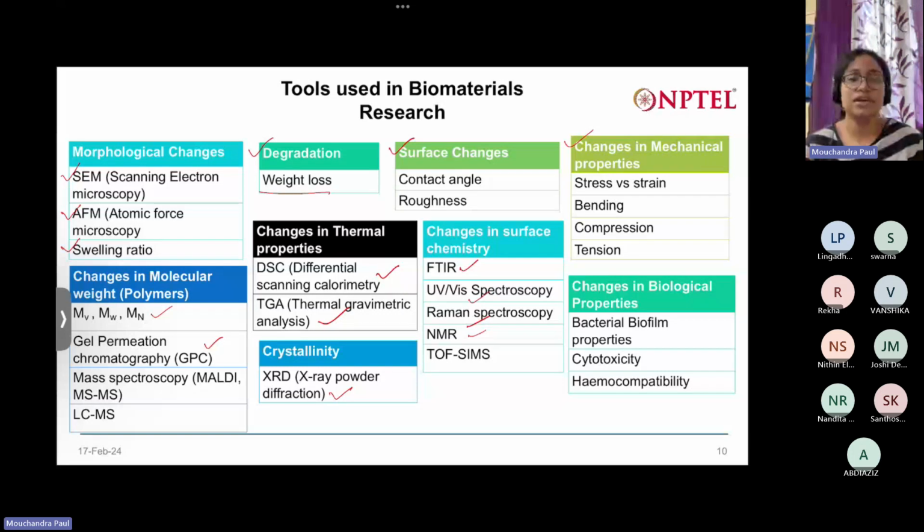So briefly, I'll discuss a few of these techniques and together we will also solve a few problems based on that. So the first broad umbrella of technique is microscopy. All right. So microscopy, you can again classify based on how it is done, like what the light source is, or how the sample is illuminated.